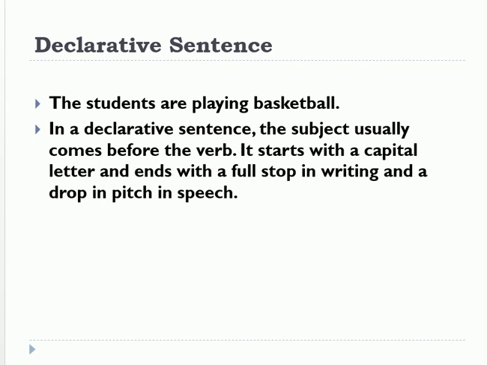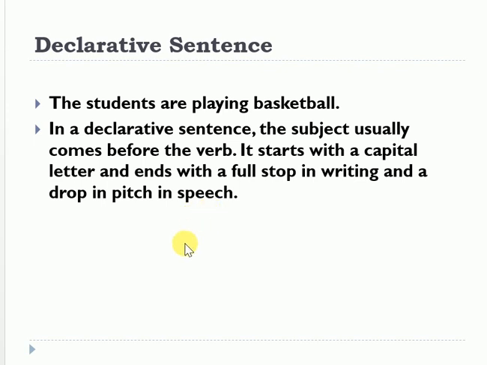Moving on, we will see some more examples of declarative sentences. The students are playing basketball. In a declarative sentence, the subject usually comes before the verb. Here, the students is the subject, and it comes before the auxiliary and the main verb, are playing. This is the structure of a declarative sentence. It starts with a capital letter and ends with a full stop in writing, and a drop in pitch in speech.